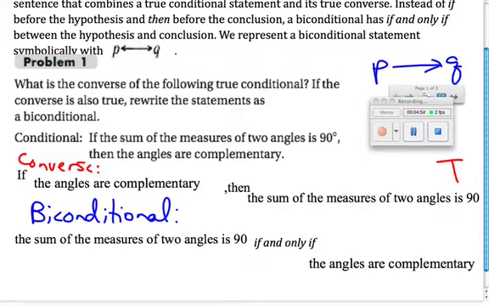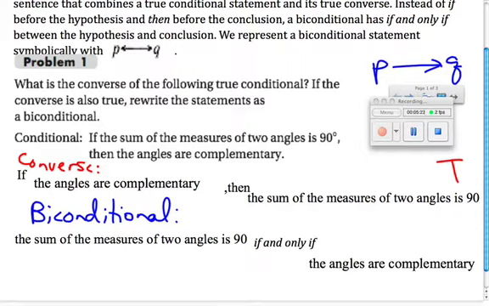You have a question? Can a biconditional be false? Fantastic question. The answer is no. Because understand, in order to write, can a biconditional statement be false? That's kind of a tricky question. Theoretically, in the truest sense of the word, you can't write a biconditional unless the conditional and its converse are both true.